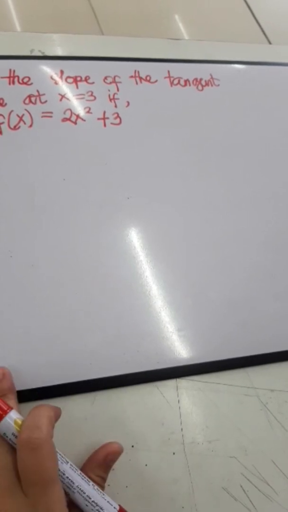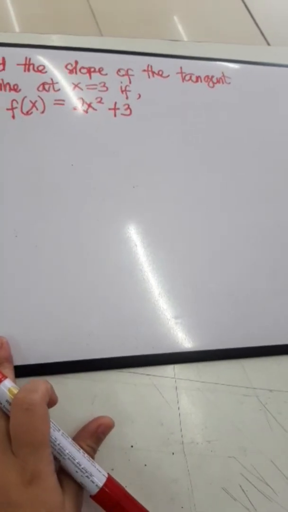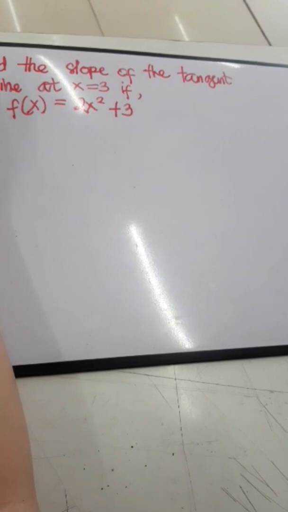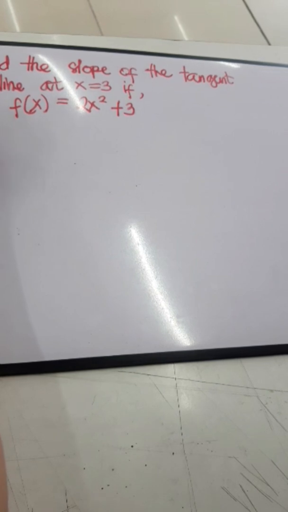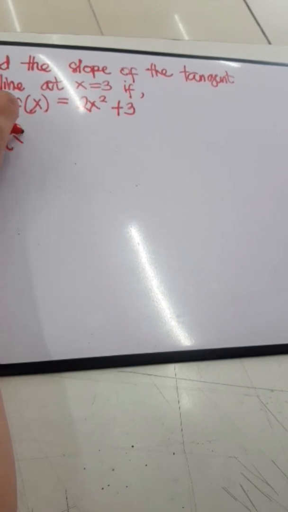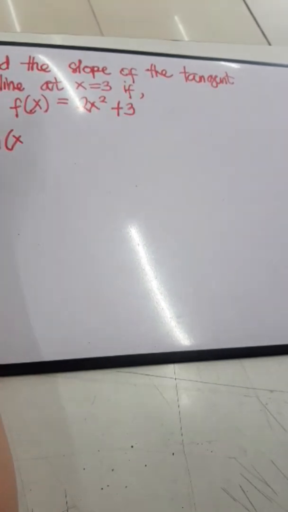So, for our last example, find the slope of the tangent line at x is equal to 3 if f of x is equal to 2x squared plus 3. So, balik ta sa ato ang equation of the slope of the tangent line.